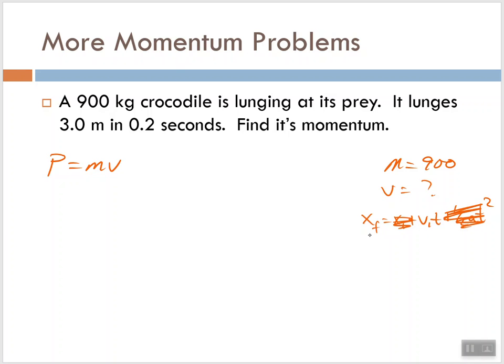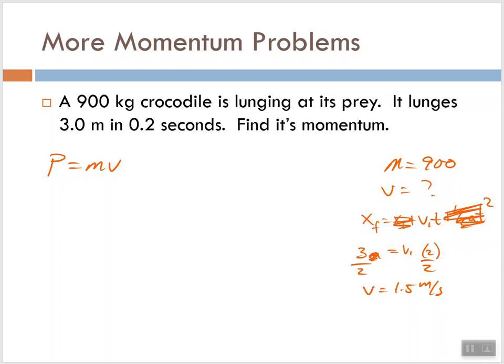Its distance is 3 meters. It goes that way in 2 seconds. Find its velocity. 3 divided by 2. So we have a velocity of 1.5 meters per second.